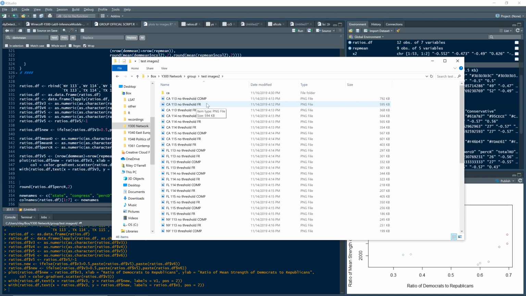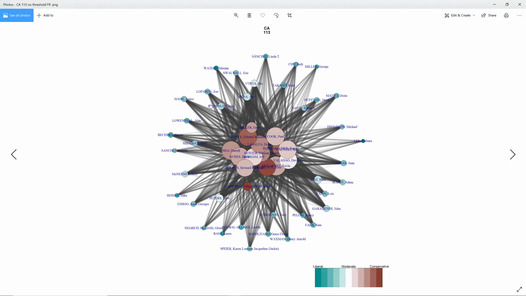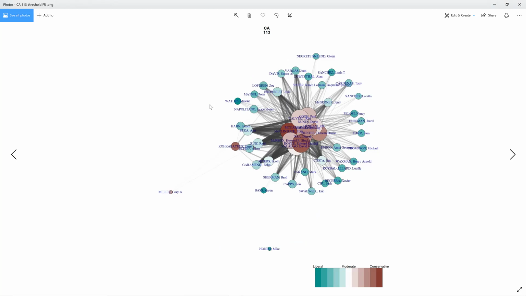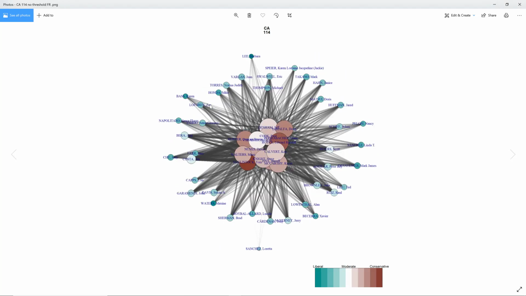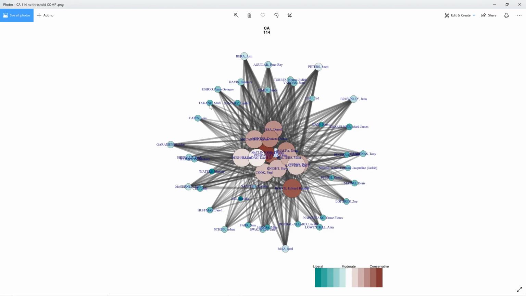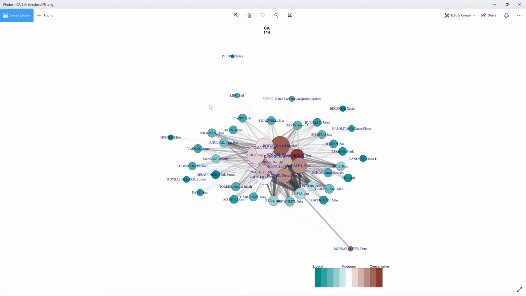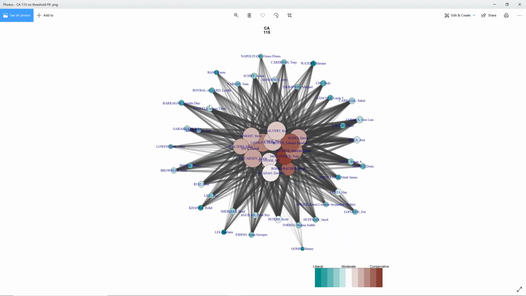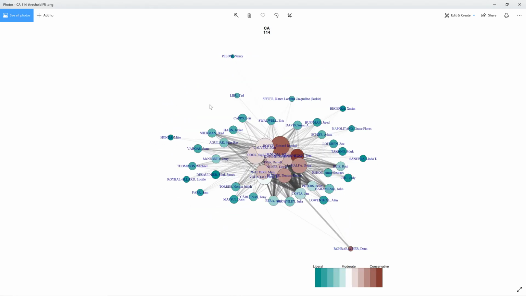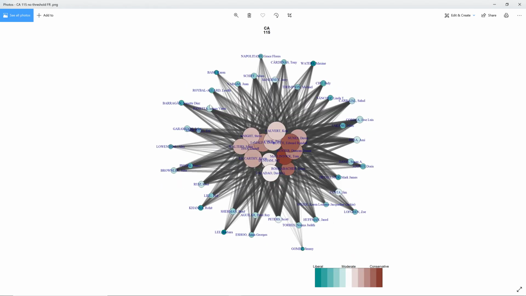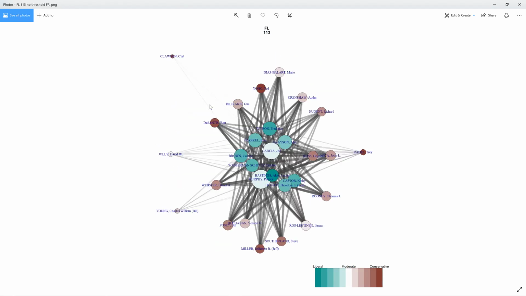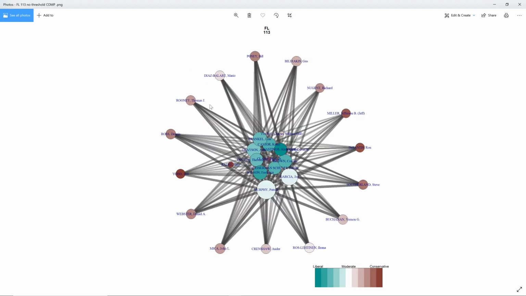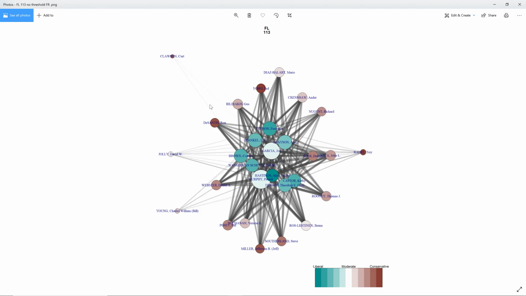But it emphasizes centrality, and it just looks a bit different. So these two are the same data. This shows comp, and this shows the FR layout.